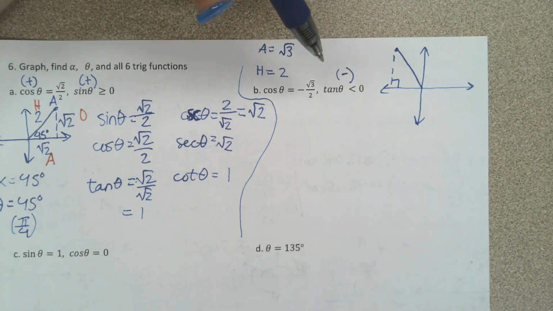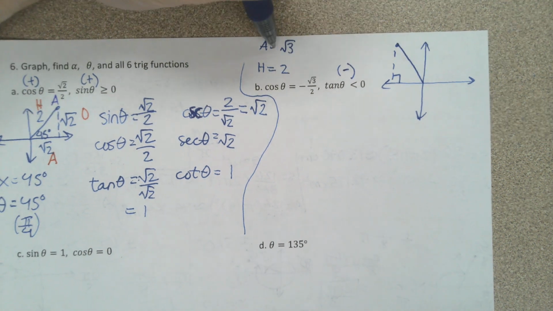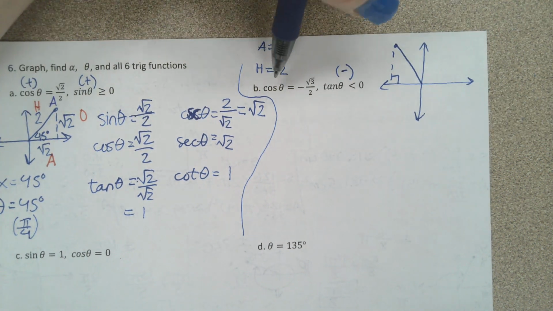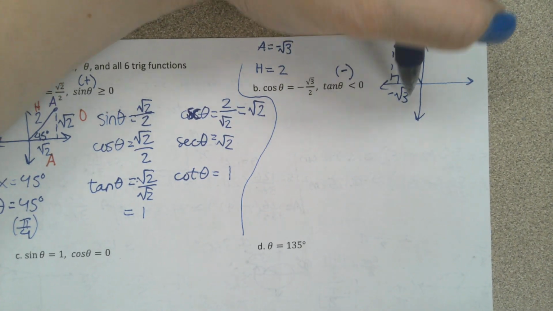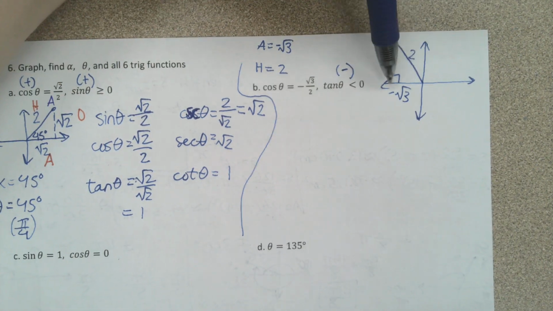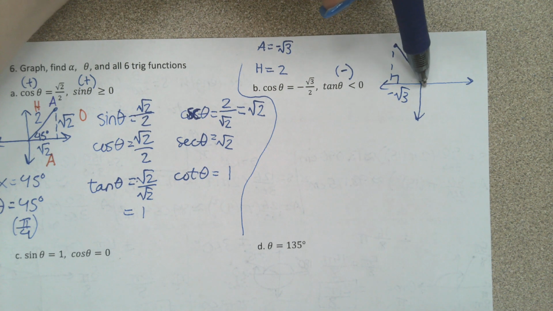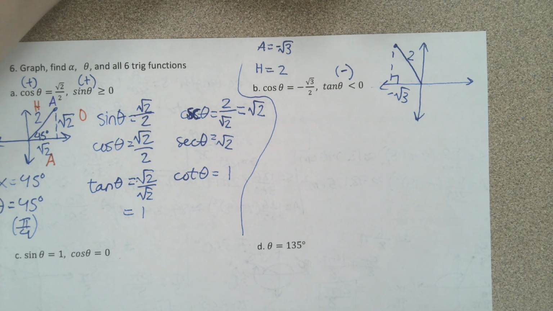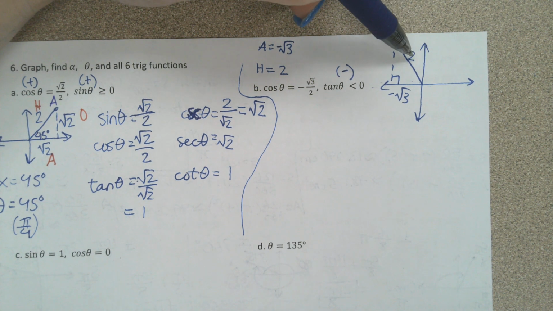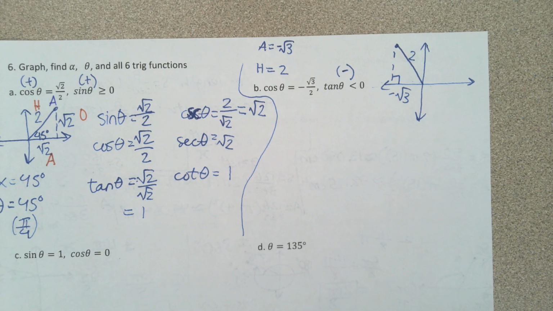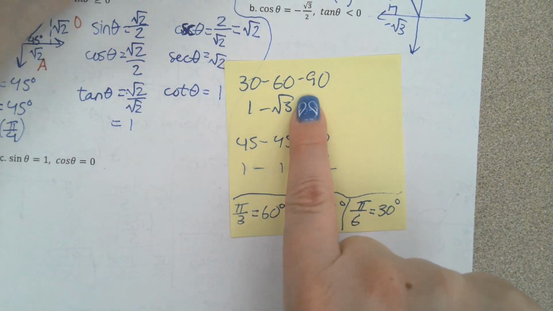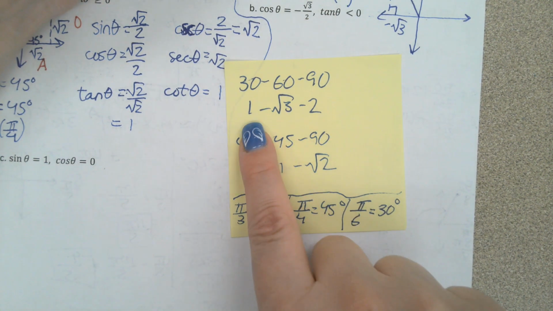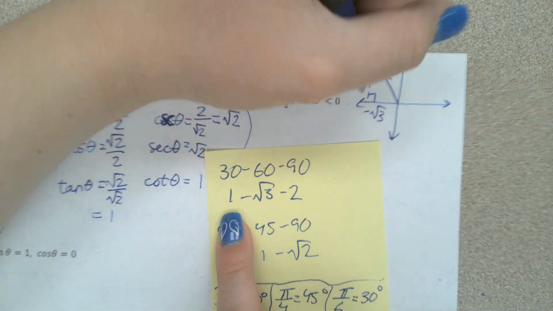Remember, hypotenuse is always positive, so that means that the negative is going to go on the A. So we have H is positive 2, A is negative rad 3, which if you look at where it's at, it should be negative because it's on the left side of the x-axis, the negative numbers. So we have 2, and then we have rad 3 here. That does fit in with one of our ratios. Fits in with our 30, 60, 90, where we have a rad 3 and a 2. Our only remaining number is a 1.